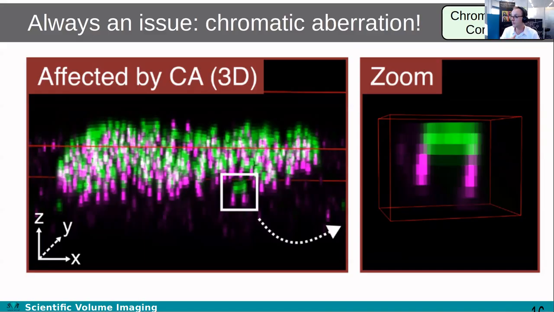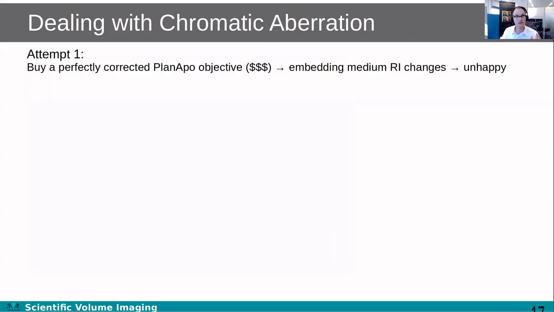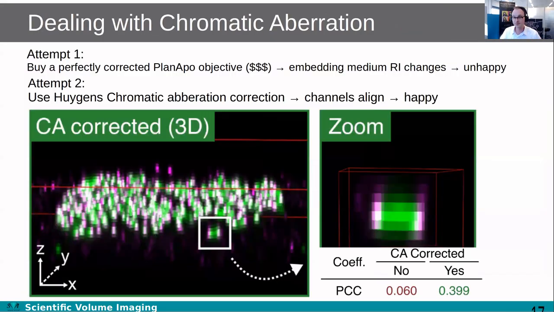If you just do the colocalization correction in Huygens, you can correct for it like so, and that is a very robust way to deal with it.